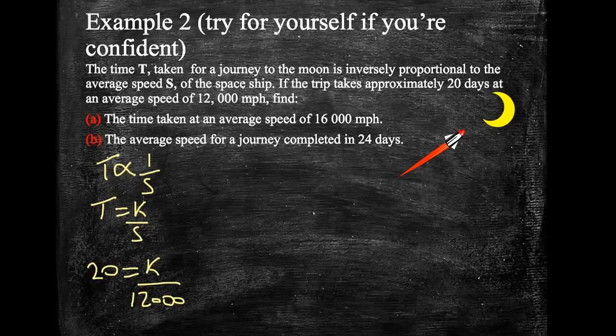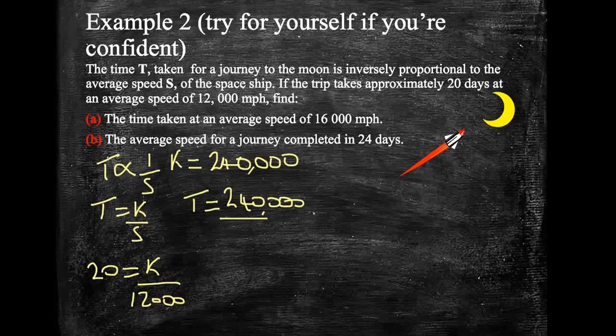Well, k is going to be equal to 20 times 12,000, which is going to give me 240,000. So my formula is t equals 240,000 over s.